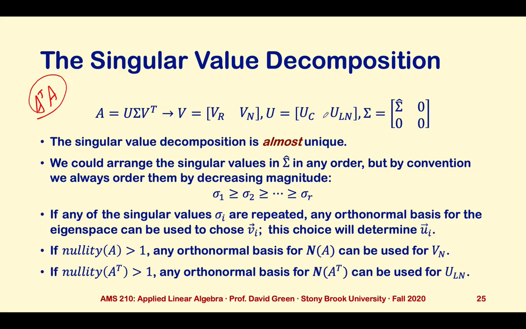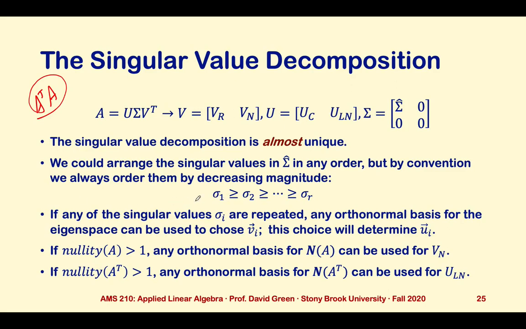We can move around where the eigenvalues are in the diagonal matrix, as long as we move around the columns of V and U to match that. However, we avoid that lack of uniqueness by stating a convention that we will always order them by decreasing magnitude. That is, the first one is the biggest, the second one has to be less than or equal to that, and so on.